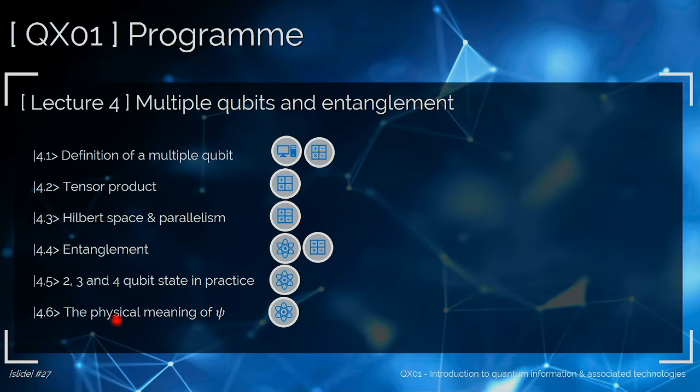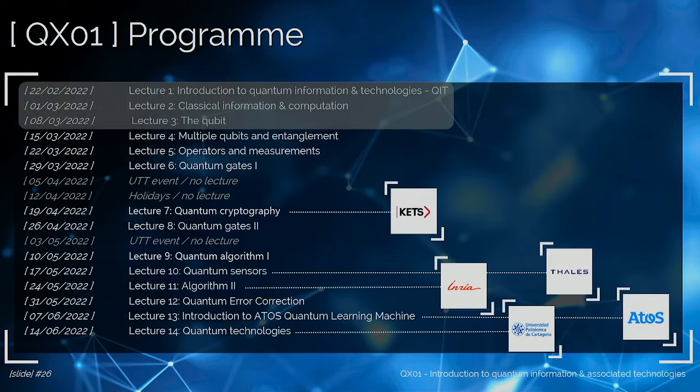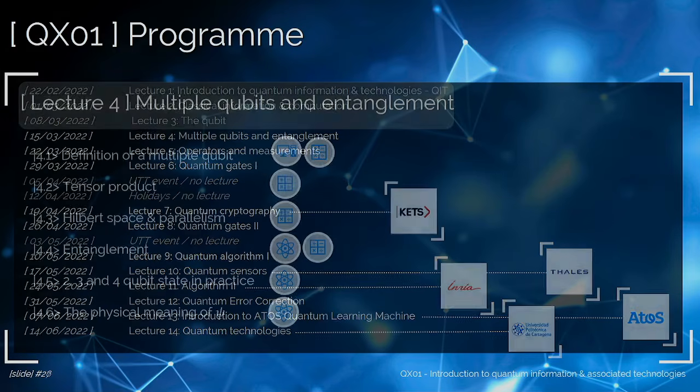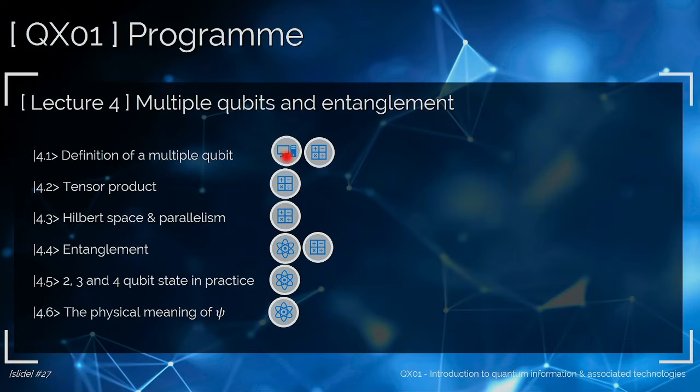And then I will finish this part before going on to what I call measurements and operators, and then quantum gates. I will come back to the physical meaning of psi that I just mentioned today. Not too long, but I have to spend a bit of time on this.